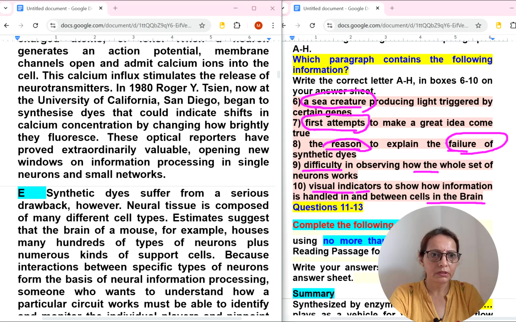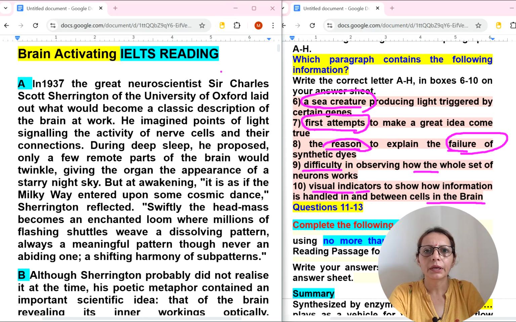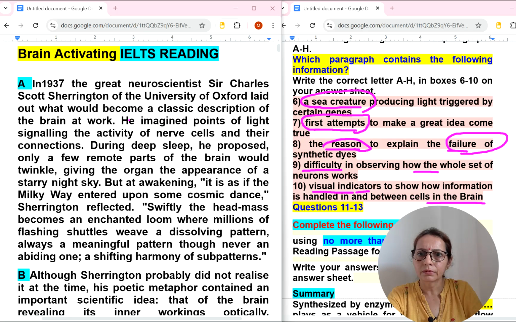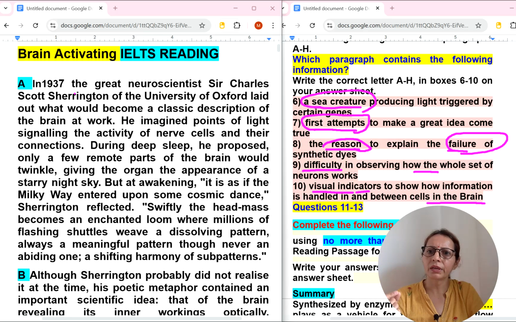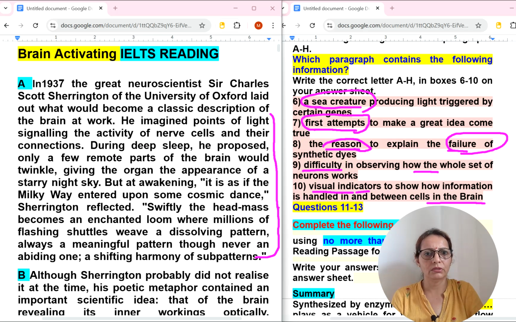So: sea creature, first attempt, failure of synthetic dyes, difficulty in observing. Okay, so let's read paragraph E first. In fact, we will start from paragraph A and see if something relates to these five or six questions. Here the writer is explaining how Mr. Sherrington of this university imagined points of light signaling the activities, and explained many things about his imaginations.